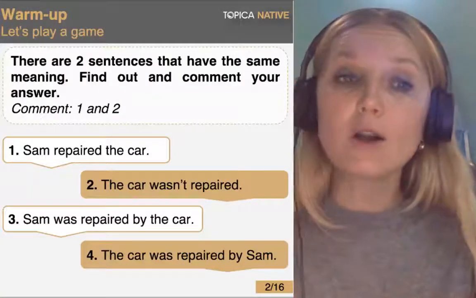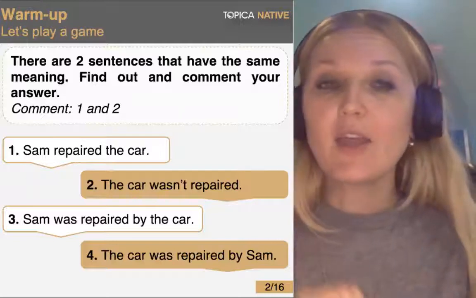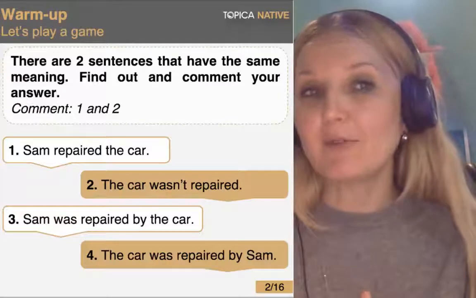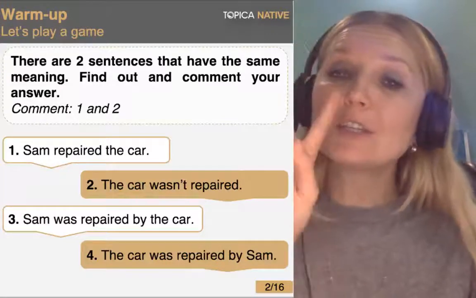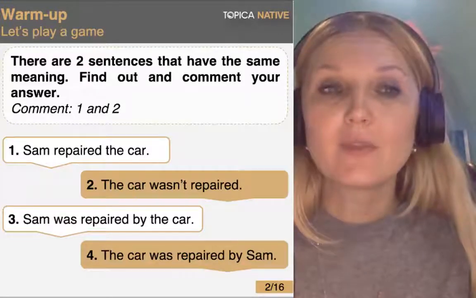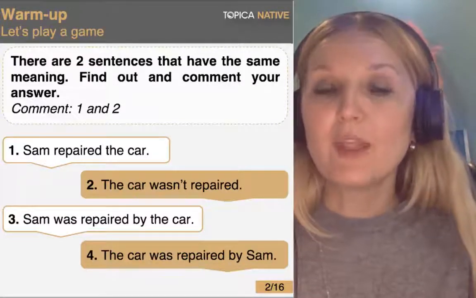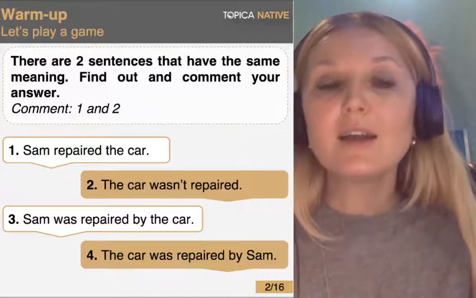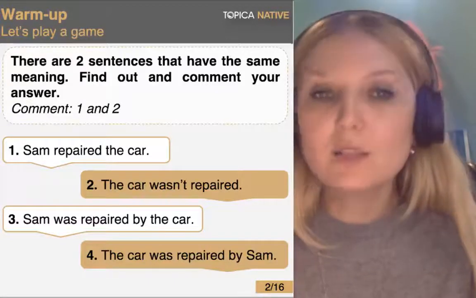There are 4 sentences. They are different. They are in active form and in passive form. And you need to find 2 sentences that have the same meaning. Number 1, Sam repaired the car. Number 2, the car wasn't repaired.